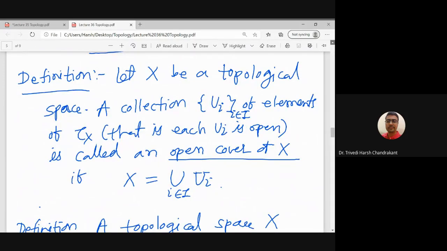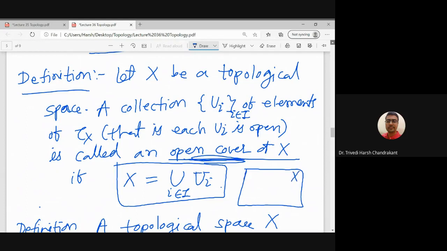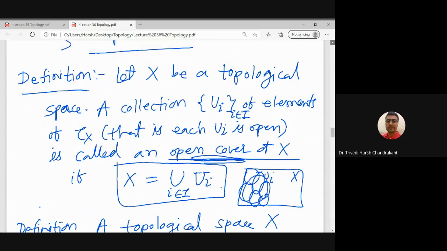So if I have a collection of open sets Ui such that the union of Ui is X, and Ui's are open sets, then such a collection is known as an open cover of the space X. So basically I have the topological space X which I can cover by a collection of Ui's, right? Ui covers this topological space X. So that is the meaning of this.